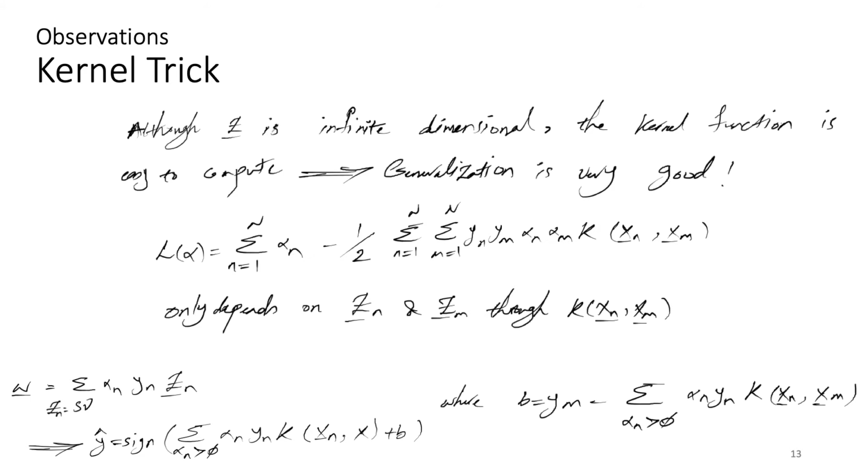So this was Zn here. Your W's, that was Zn instead of n, right? So using the kernel trick, your Zn and Zm only depend on K of xn and xm, right? And using that, you can compute your W, and then you can compute b. Then the final sign would be this. And that was the kernel trick.